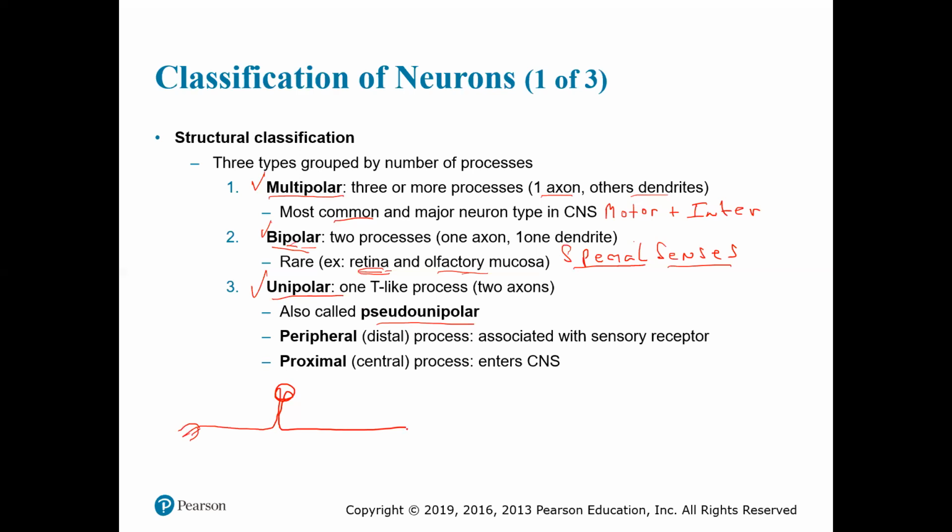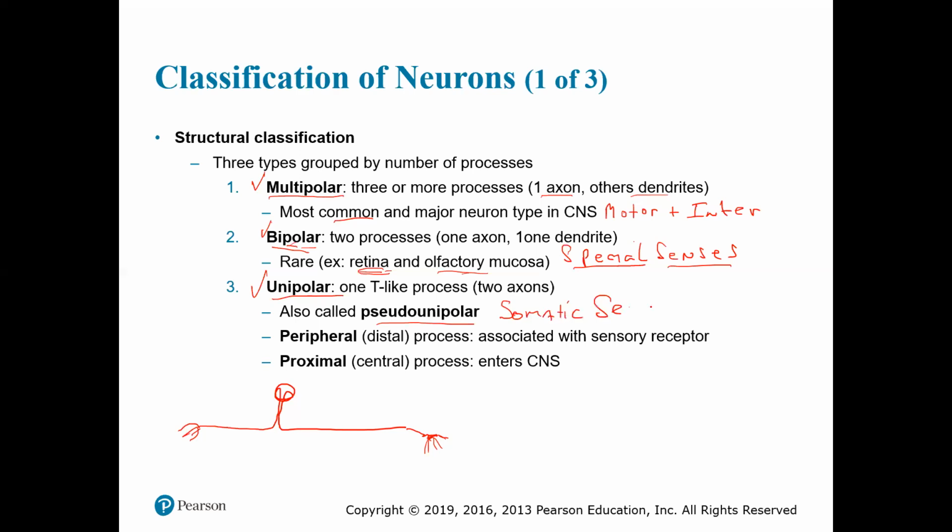And this is the part that goes into the CNS, with the axon terminals on this end. But this is unipolar, and most of these are somatic sensory. I'll even say somatic sensory, but it can be autonomic too.